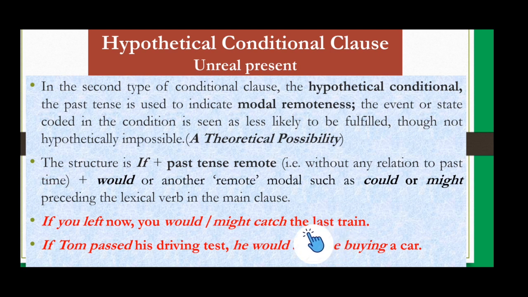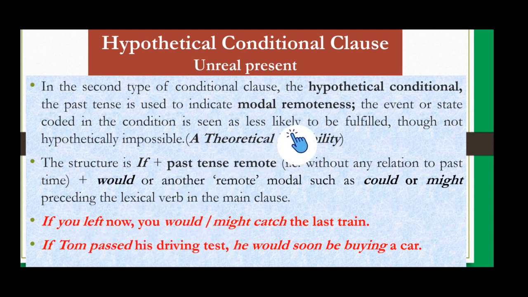Not at all. We can just imagine the situation. Hypothetical, in other words, means that we can just imagine, because the situation is unreal. But it doesn't mean that it cannot happen. It may happen, but there are fewer chances, or it is less likely to happen.